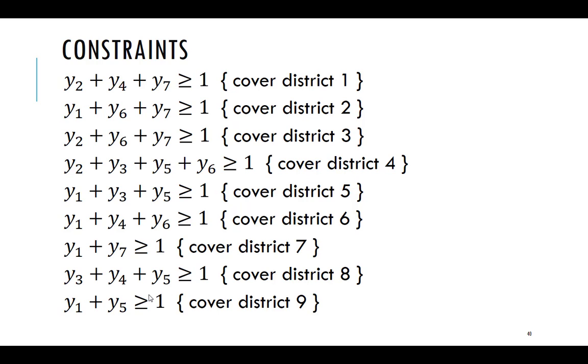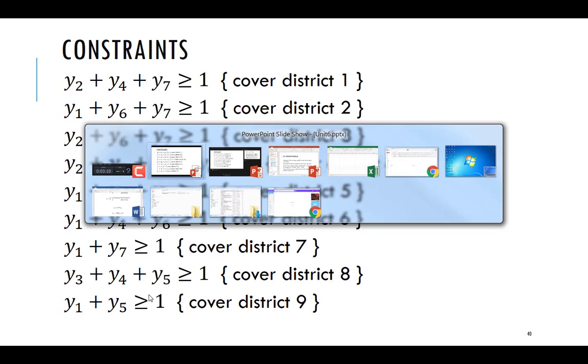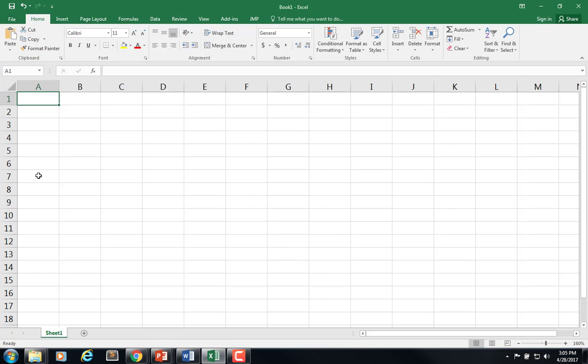So let's go in and try to solve this using Excel. Where did I put it? There it is. All right, so this is my output. We have site 1, site 2. Is Excel smart enough to do this for me? Maybe, maybe not. 3, 4, 5, look at that, 6, 7. All right.